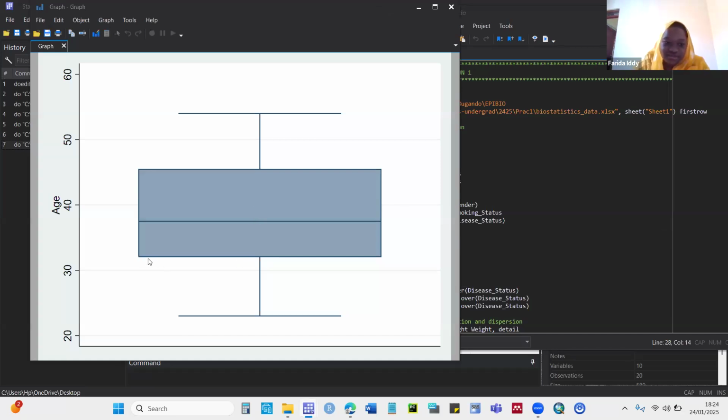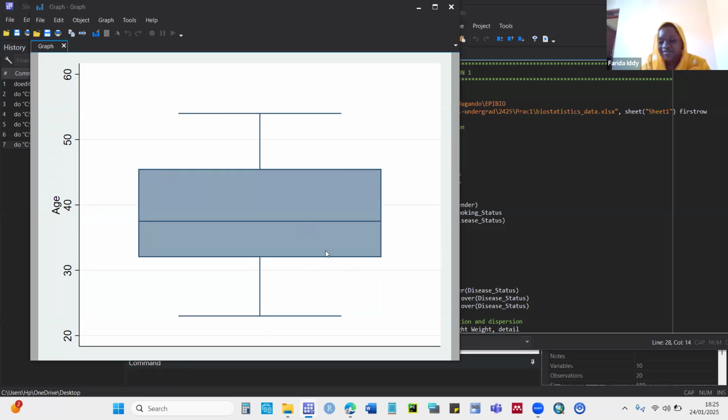Here we can see this part represents the first quartile, this part represents the second quartile, which is the median, this one is the third quartile, and this edge is the fourth quartile. If we observe any point around here or here, then it is an outlier.